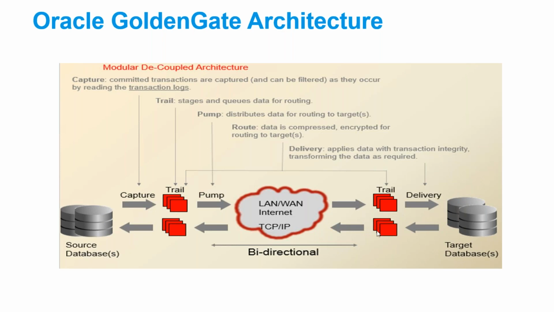Remember one thing, guys, each process in GoldenGate is independent of each other. The capture process is independent of the pump and replicat. Similarly, the pump and replicat are independent of the extract or any other GoldenGate process.